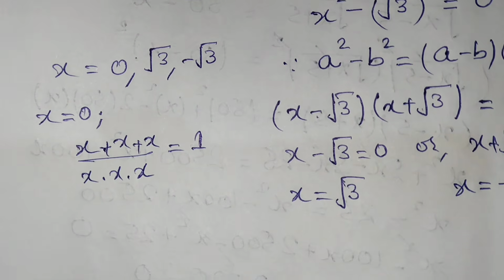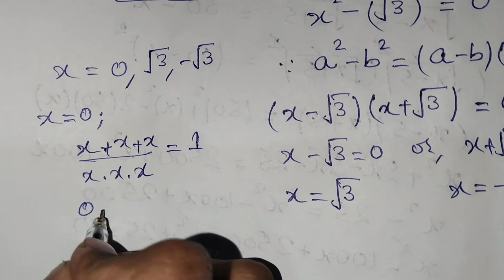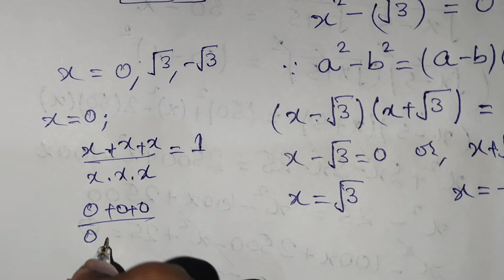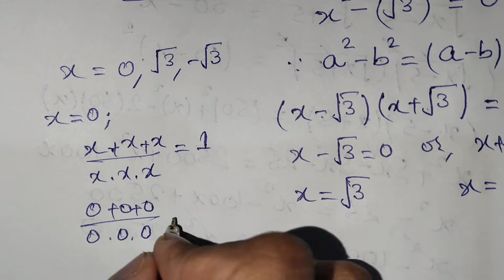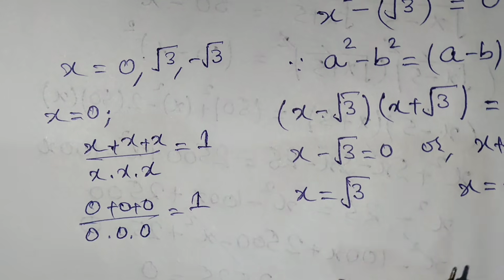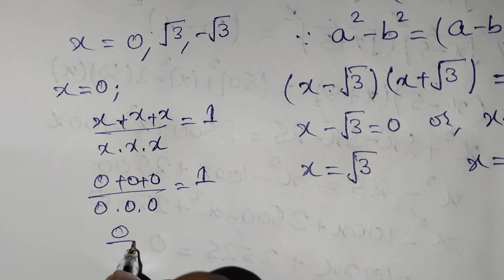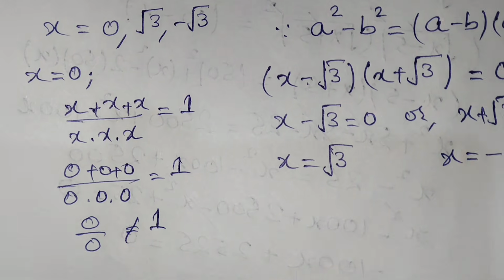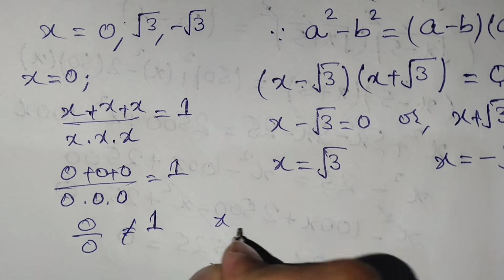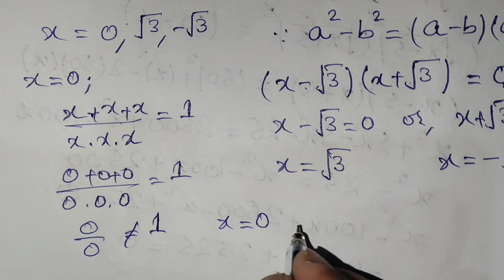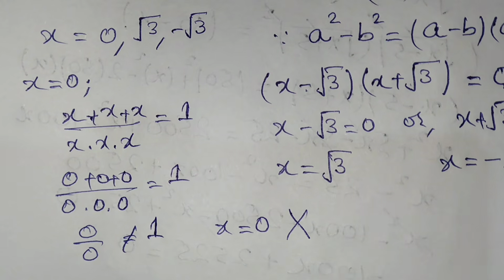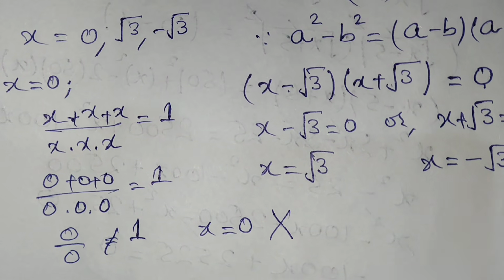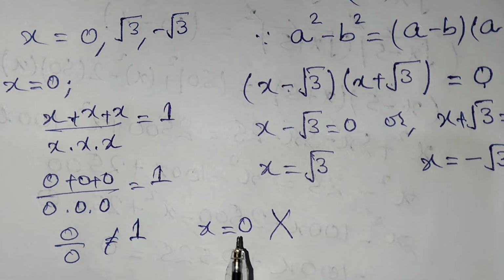Here x is replaced by 0: 0 plus 0 plus 0 divided by 0 times 0 times 0 equal to 1. This is 0 by 0, an undefined form, which is not equal to 1. So we will reject the value of x equals 0 because the given equation does not verify if we put x equal to 0. This is the extraneous root.